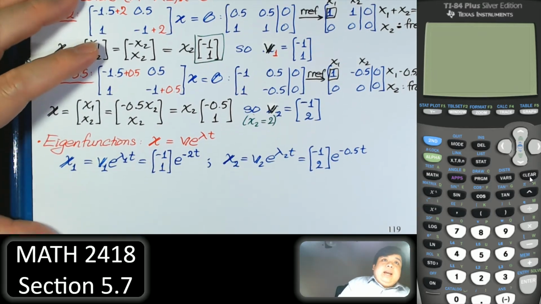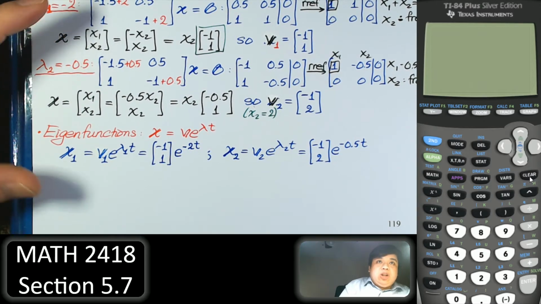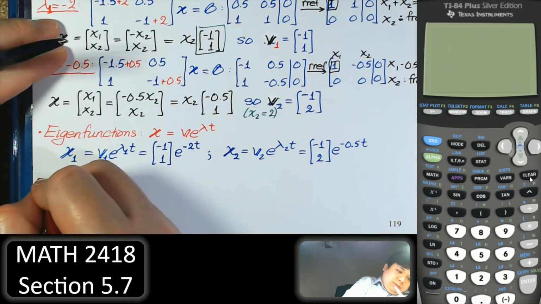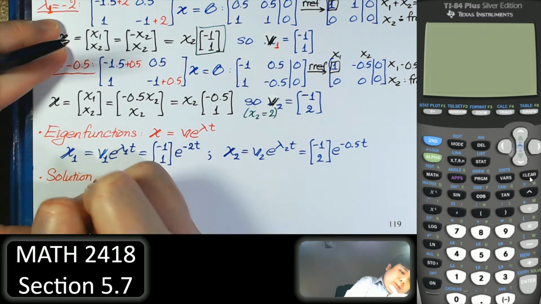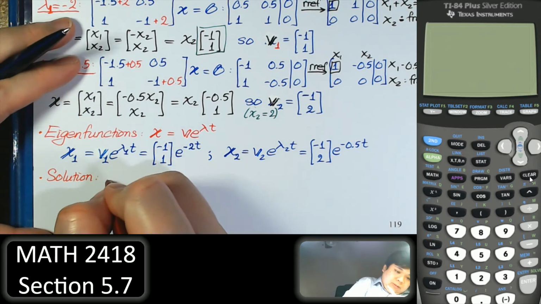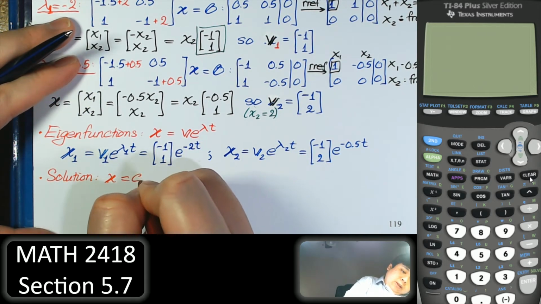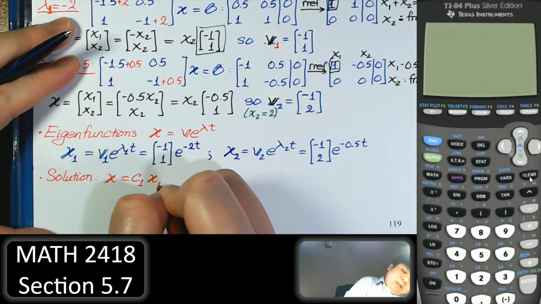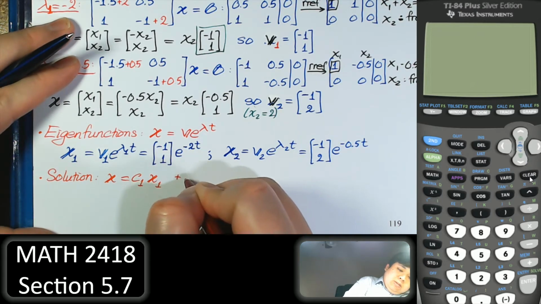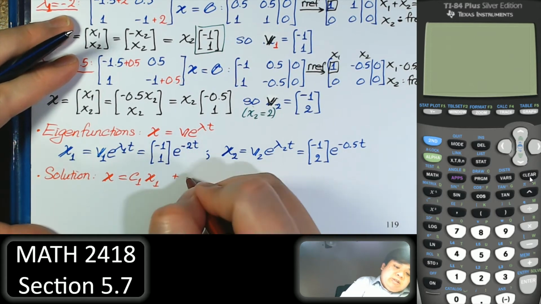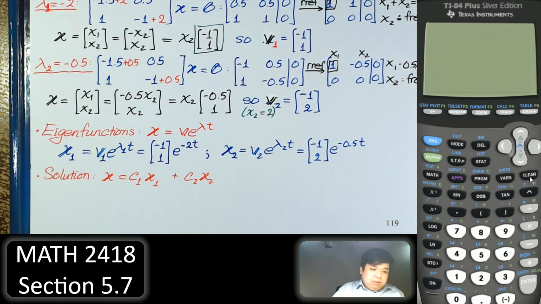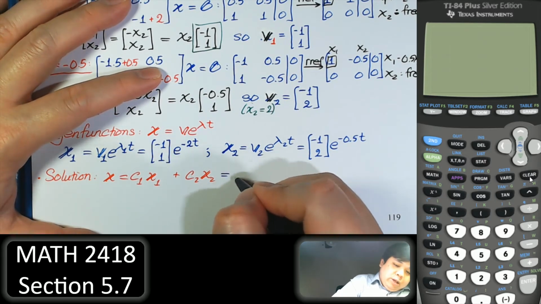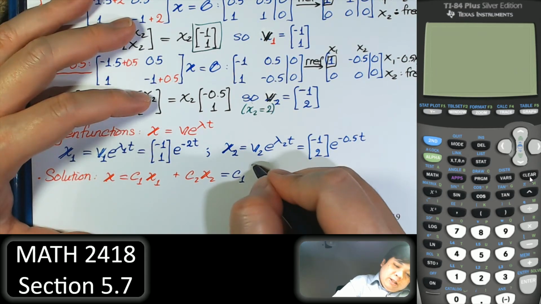And the solution is the linear combination of these two: C1 x1 plus, of course all of them are functions of t, C2 x2, which will be C1 times that.